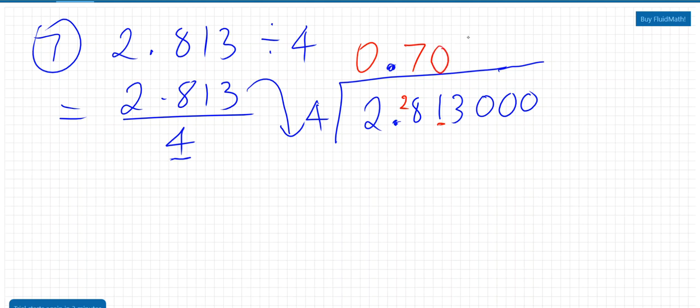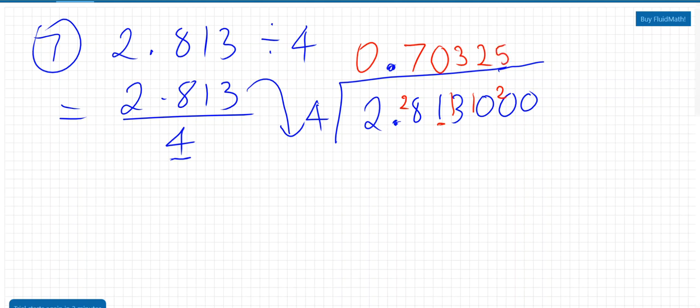This 0 is very important because it's in the middle of digits. So it's part of the question. It's really important. Carry the 1 onto the 3. So 4 into 13, so 4, 8, 12. Can go 3 times, remainder 1. Now 4 into 10 can go 4, 8, so 2 times, remainder 2. 4 into 20 can go 4, 8, 12, 16, 20, so 5 times.